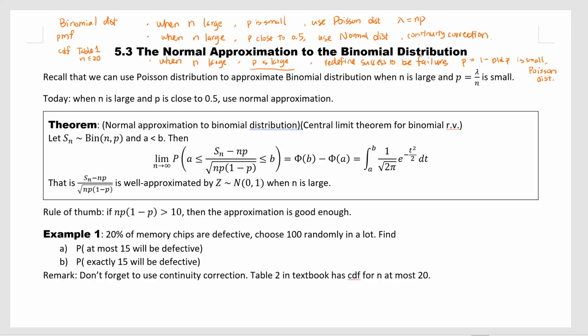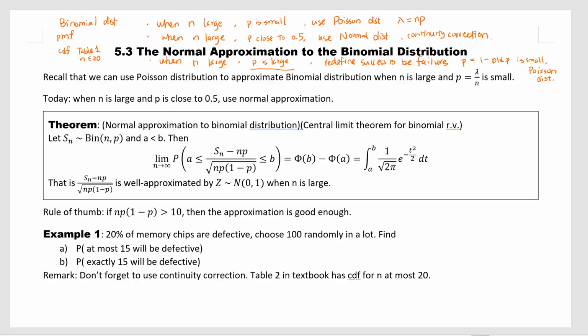Alright, let's come back to our theorem: the normal approximation to the binomial distribution. This theorem is also called the central limit theorem for the binomial random variable. Let Sn be binomial with parameters n and p, and suppose a is less than b.